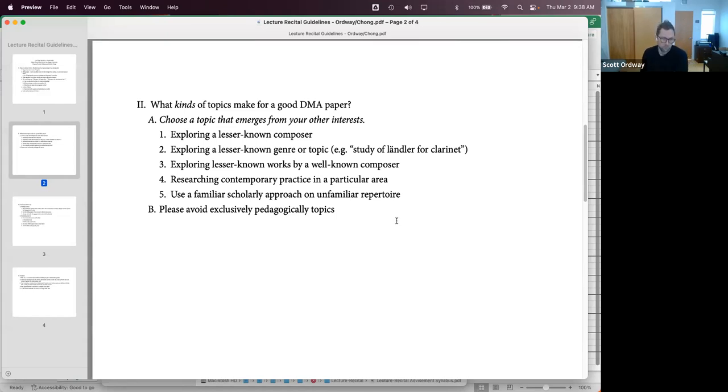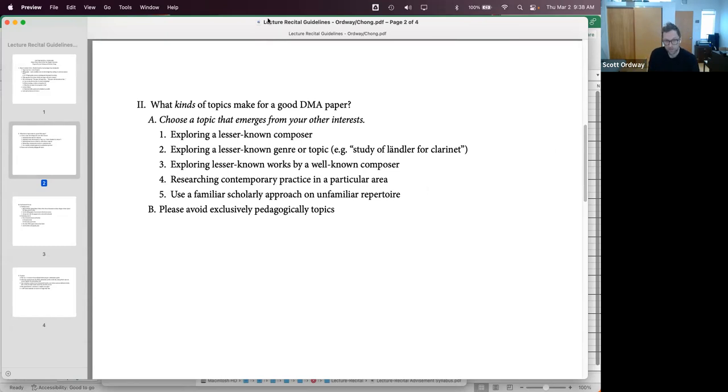Because a lot of people will probably also love that piece, and there's nothing particularly original about writing about it. Your originality with respect to standard repertoire will come in your interpretation of it on your instrument or voice, but it's pretty hard to form an interesting argument about standard rep unless you have a really particular point of view on it.